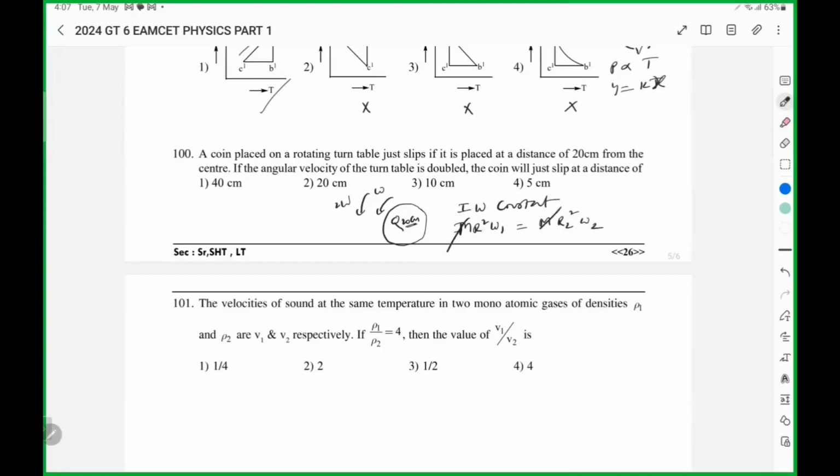Here m is the mass of the coin. Initially omega, now omega is doubled. So here m and the constants get cancelled out.